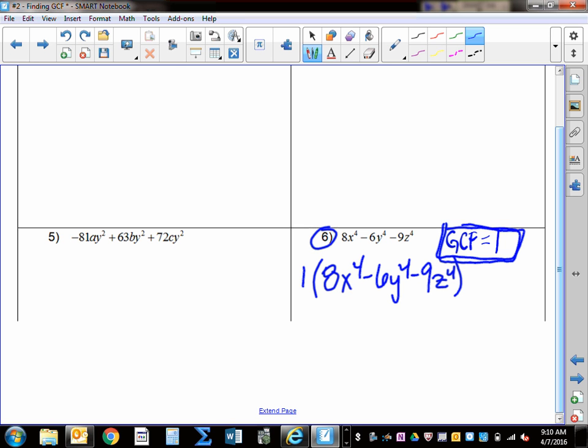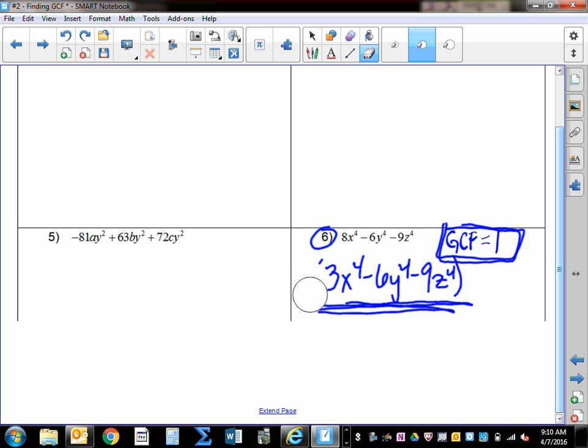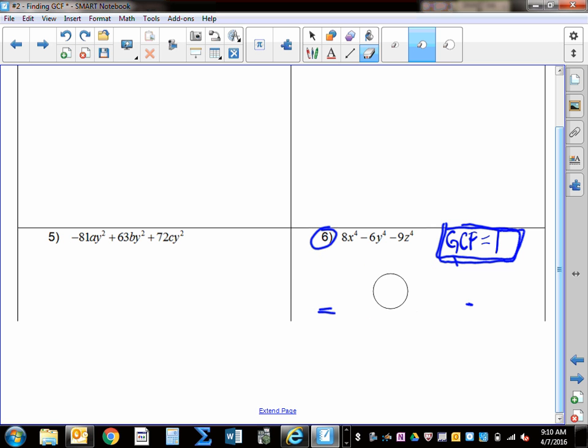Because it's kind of pointless to do this. So for now, when you have a GCF of 1, just say GCF equals 1 and then you're done. Because we don't factor out GCFs of 1. When we do our factoring on Monday, you'll see that we don't take any GCF of 1 out. That's what we just did.